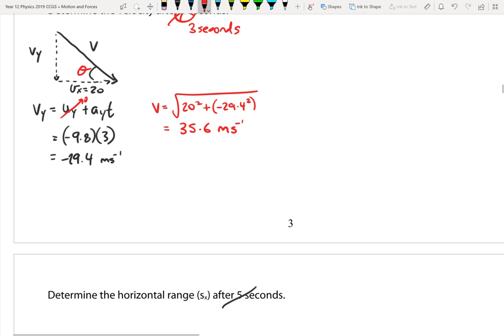Oh, hang on, which angle do we want? Do we want the angle with respect to the horizontal? I think we do. I think we want theta. So let's say theta equals the arctan. From my diagram, it's Vy on Vx. So that's 29.4 on 20, which will give some angle greater than 45.